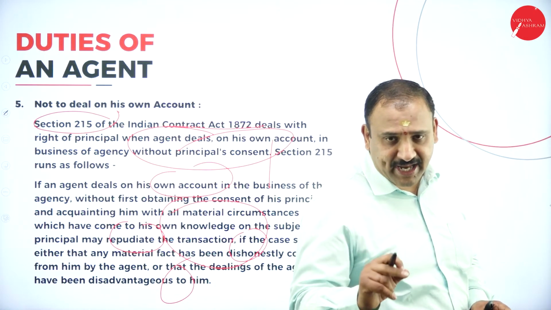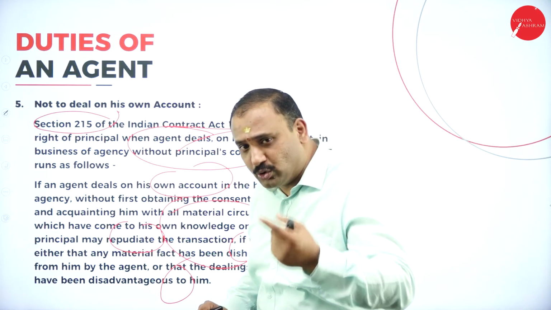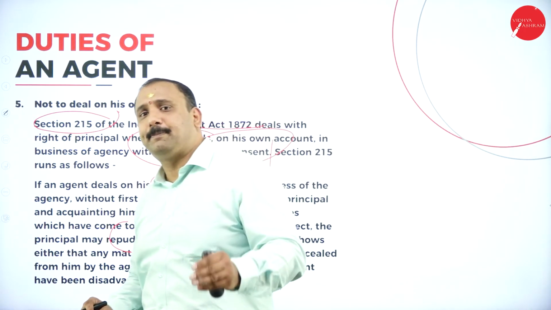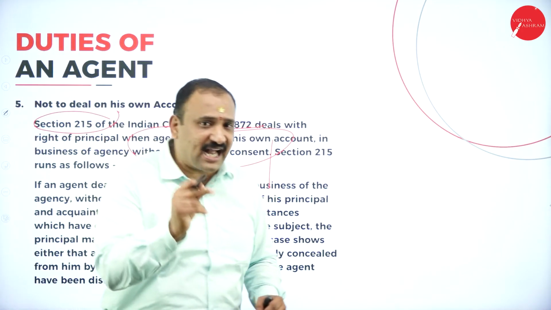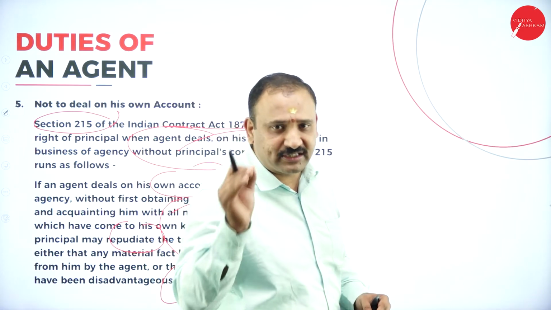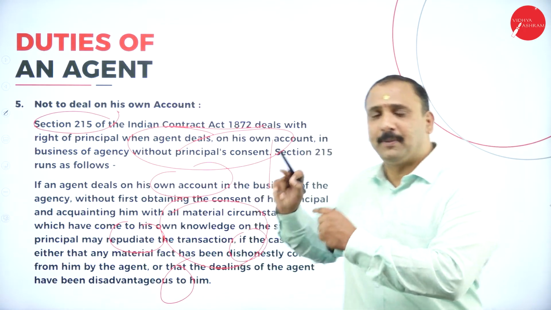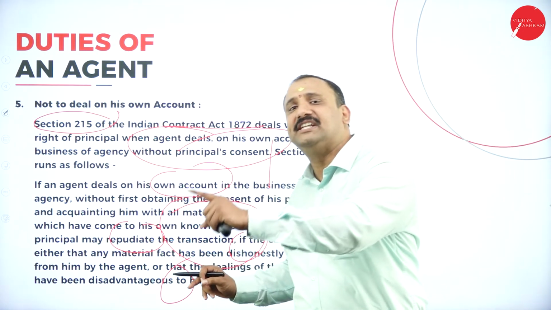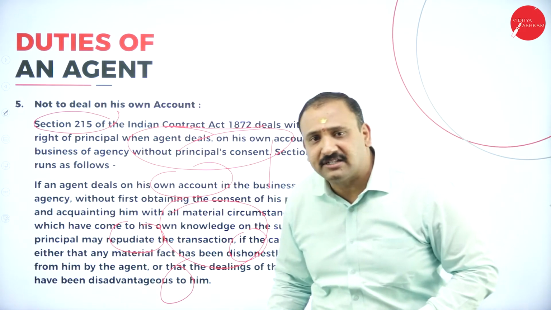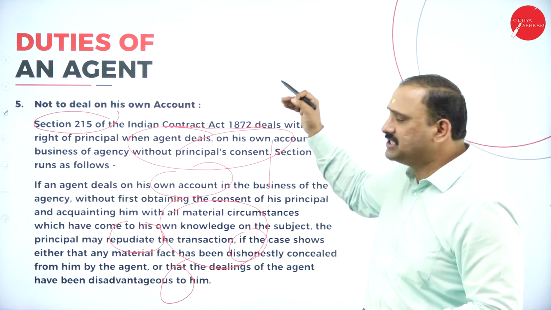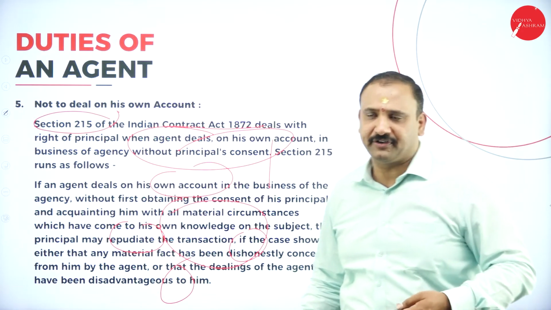But if the agent takes ownership on himself and tries to do something which is not prescribed, without the consent of the principal, and that leads to loss, or to some material fact which would put the principal in a disadvantageous position, then that is the situation where the principal can go ahead and terminate the entire contract.